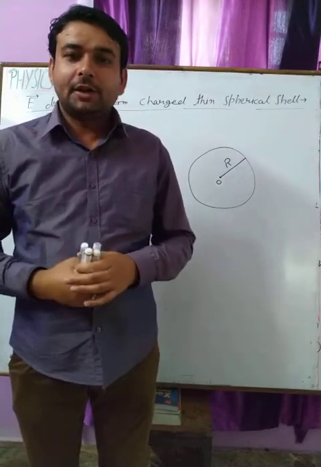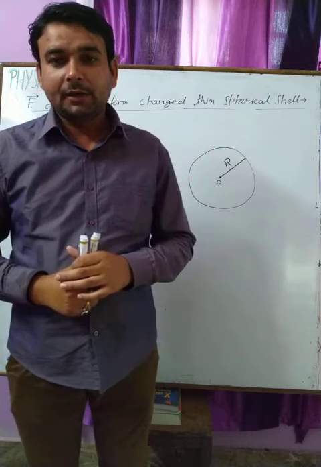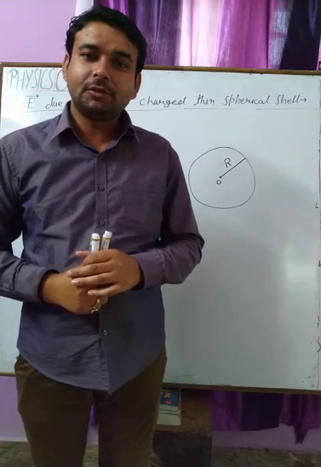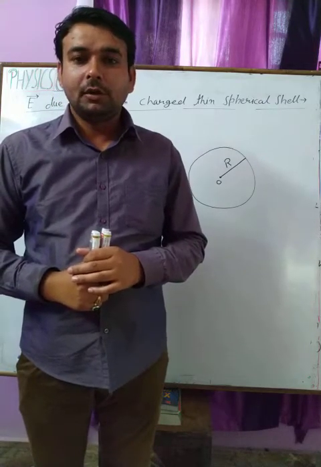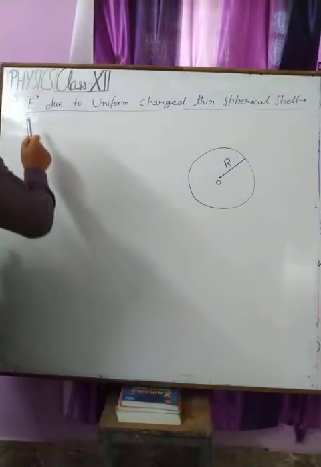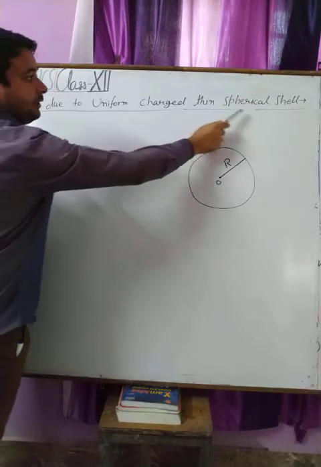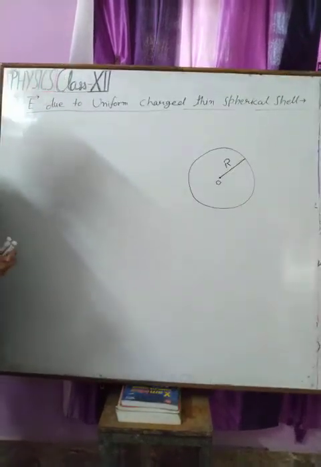In the last lecture, we did some applications related to Gauss's law. Now we are taking another two applications which are very important for board exams. The first one is the electric field due to a uniformly charged thin spherical shell.